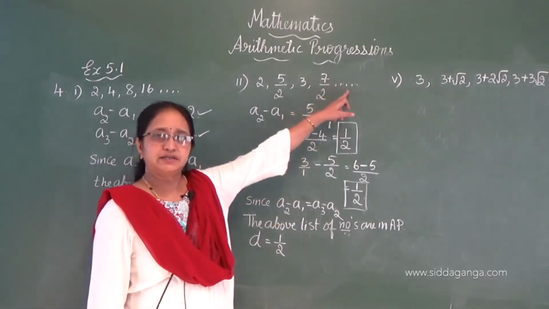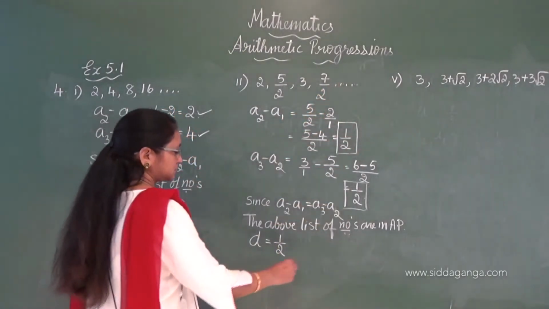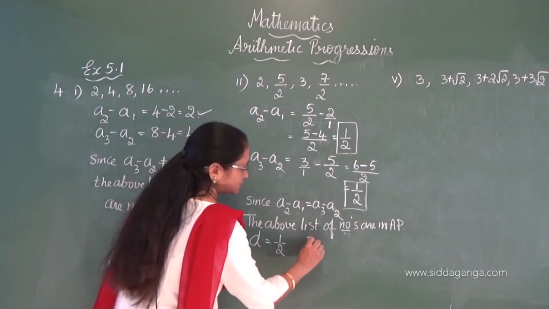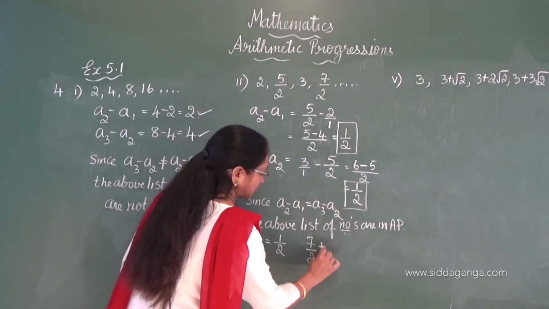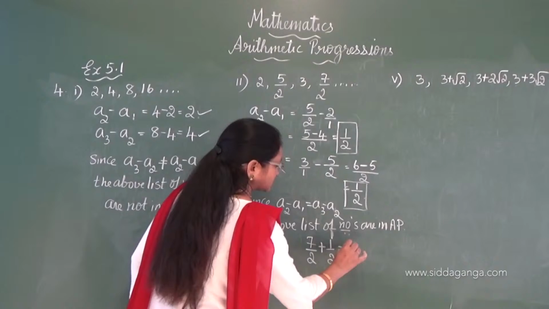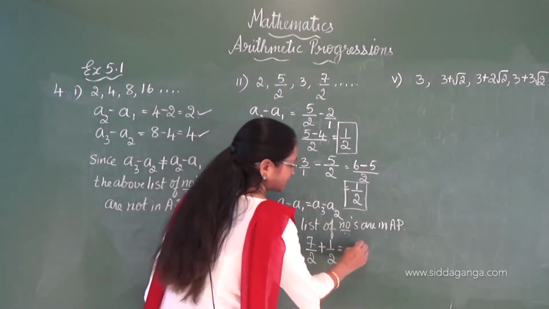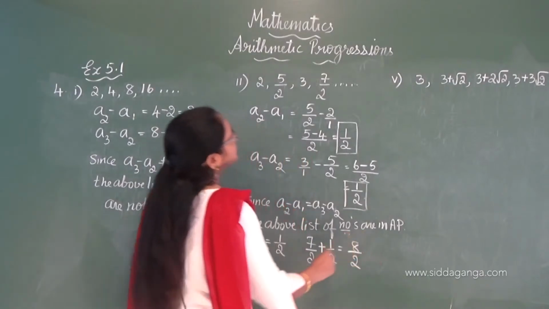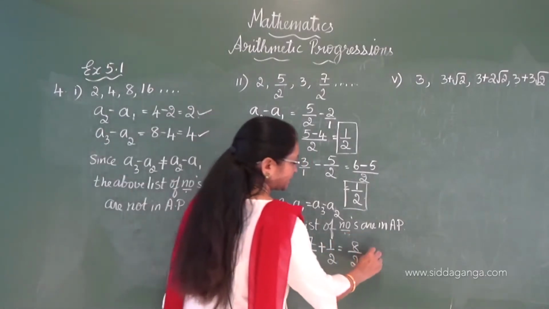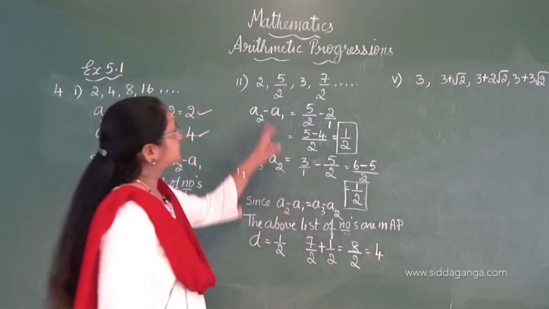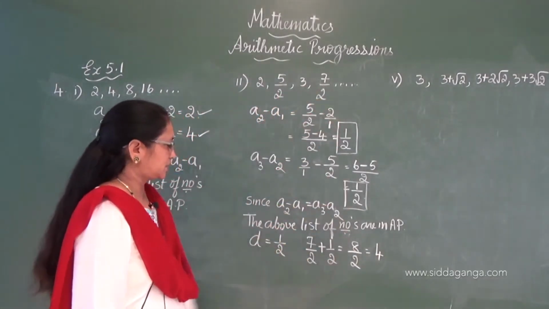Then I hope you can write with this. Now 7 by 2 plus half. So this will give you 8 by 2. Since it is a common difference, 8 by 2 actually we can write it as 4. So I will write that.